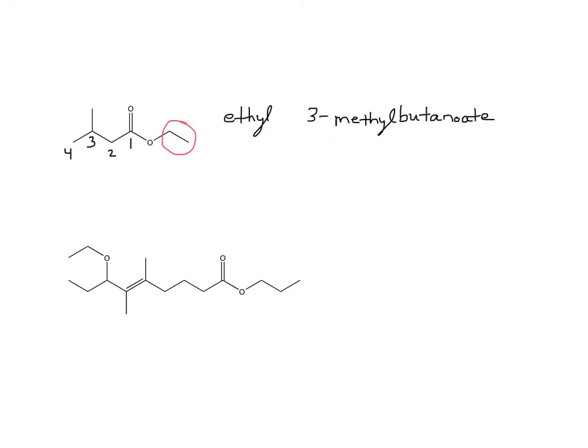All right, now the next one. That's a scary looking one, but let's be consistent with what we're doing. We will start out focused on that group right there. It's a propyl. That's not too scary. So this can be a long name, so I'm going to squeeze it way over here. So we have propyl, then a space. Then let's go ahead and start numbering the parent. 2, 3, 4.